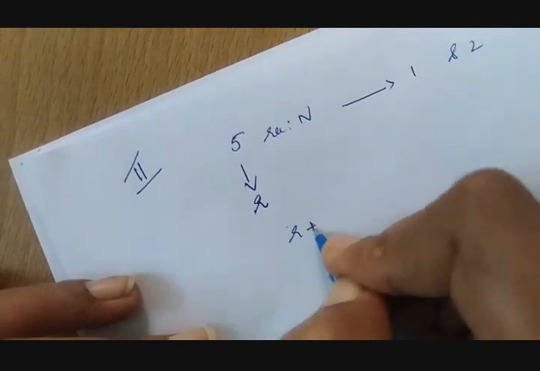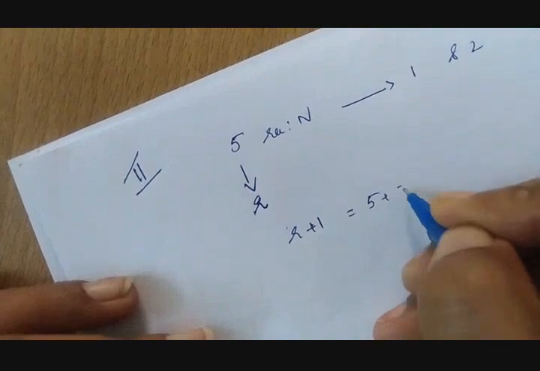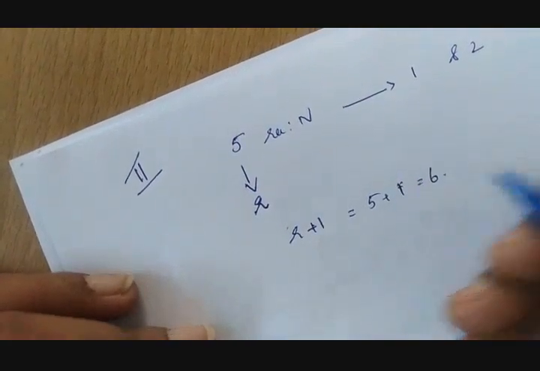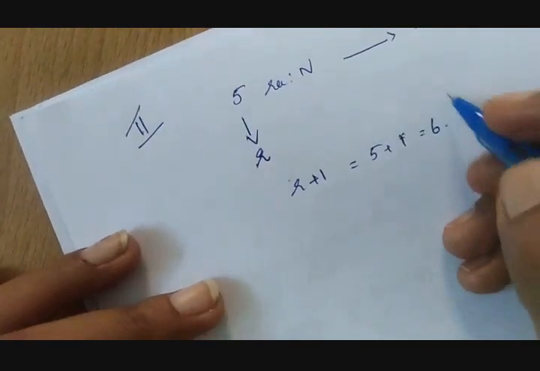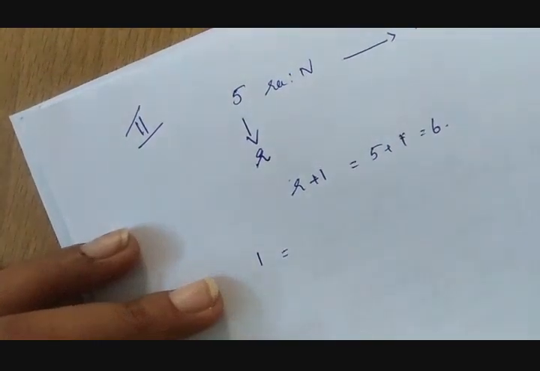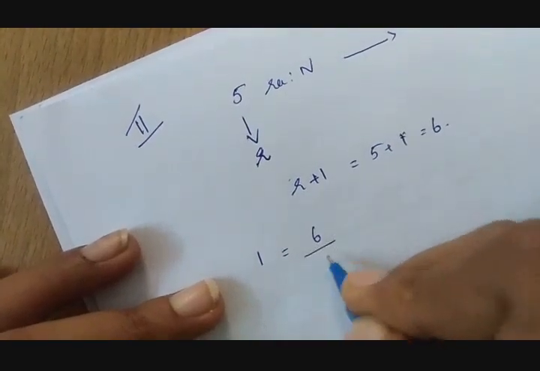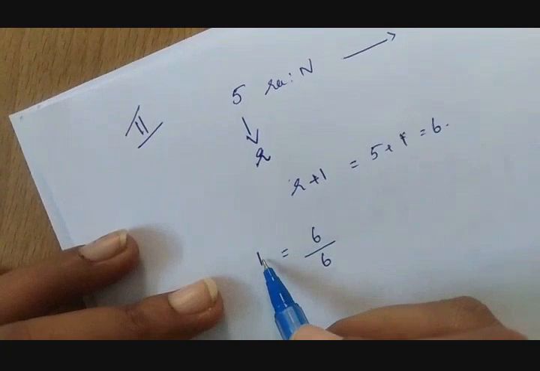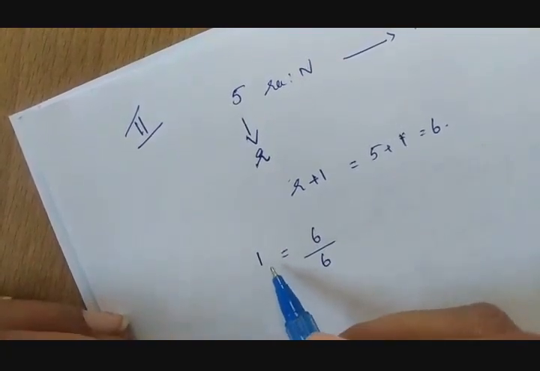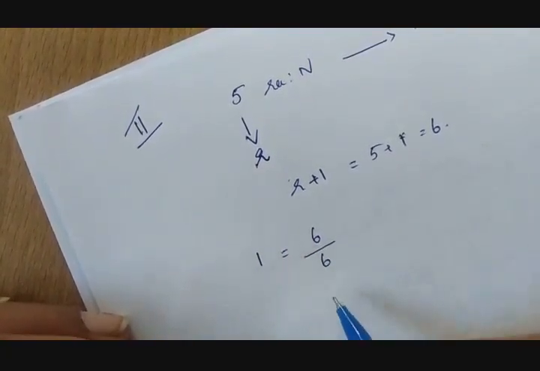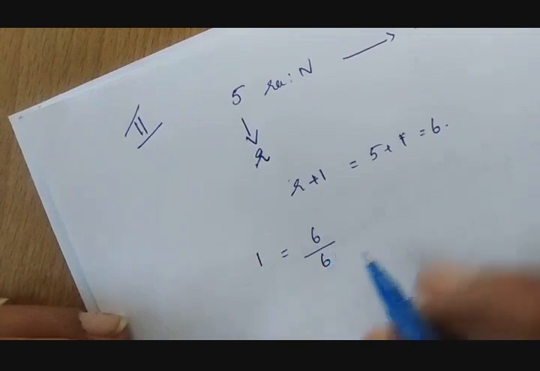We have to take r plus 1. 5 plus 1 is equal to 6. So represent 1 in the form of 6 by 6, which is equal to 1. Multiply numerator and denominator of the value by 6. So we get it as 6 by 6.